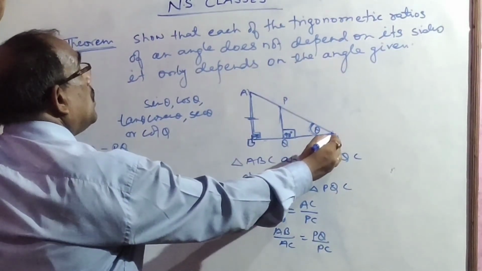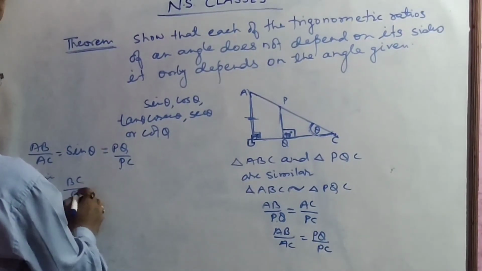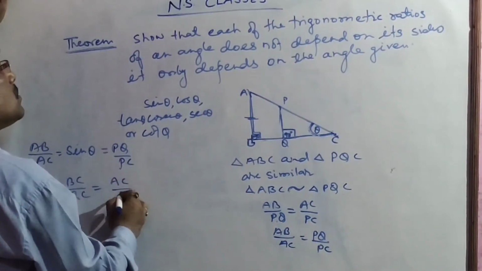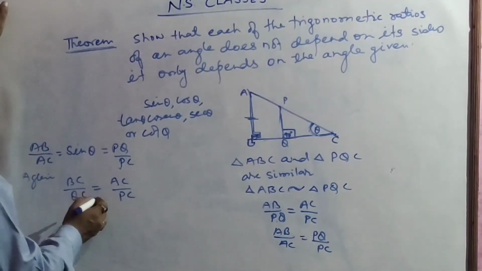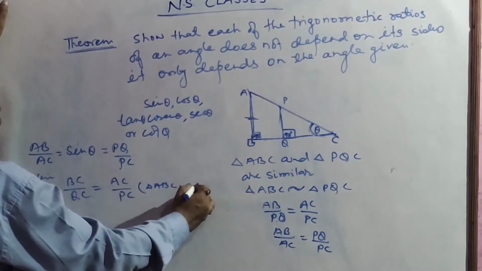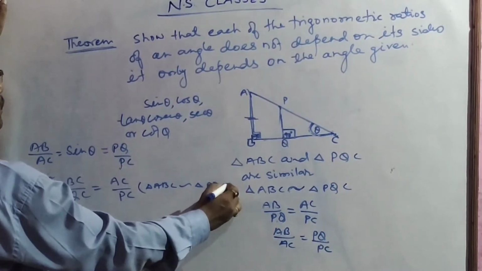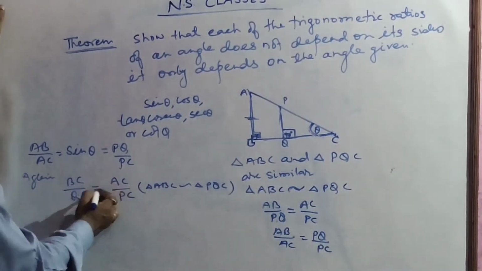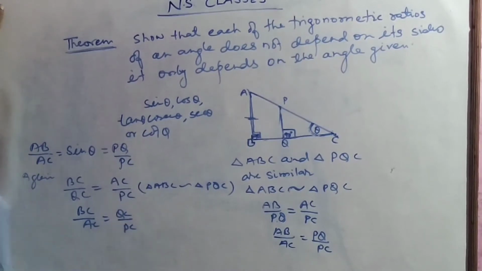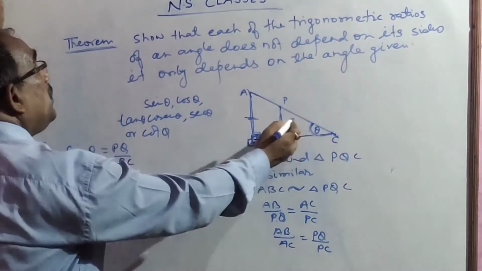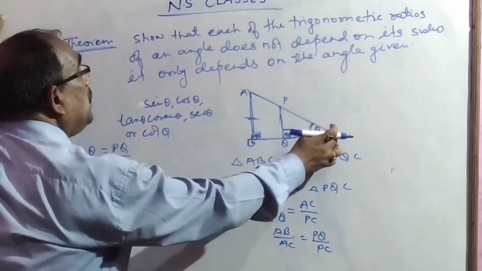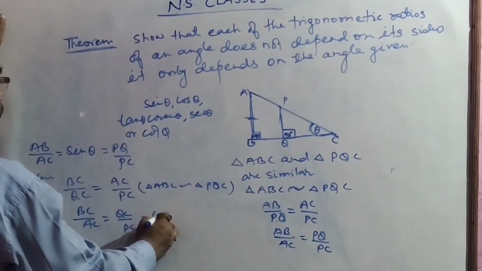This BC by AC is equal to QC by PC, because the triangles are similar, triangle ABC similar to triangle PQC. So we can write BC by AC is equal to QC by PC. Here BC is the base and AC is the hypotenuse, so this is cos theta.